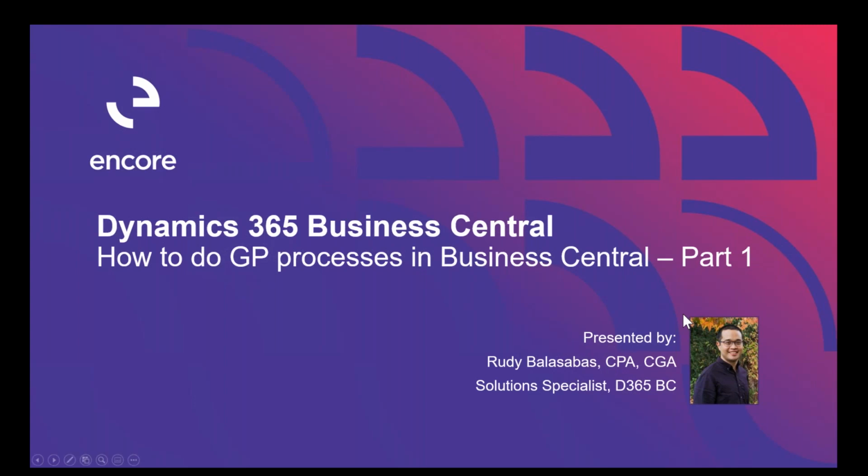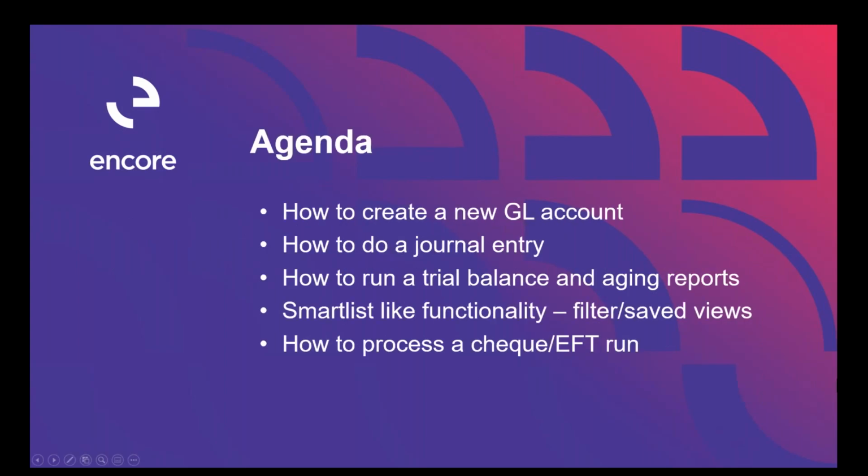So if I just go to the next slide here. The agenda we have is through various feedback from our customers. We have 5 processes here that I'm going to show. And we do have a part 2 of this webinar. We've gotten a lot of feedback on numerous other topics that they want covered.